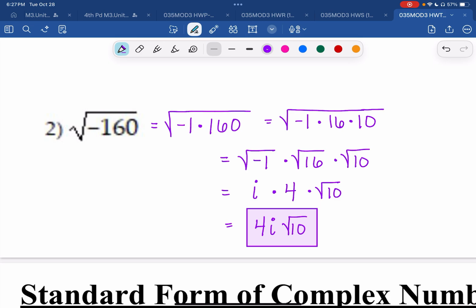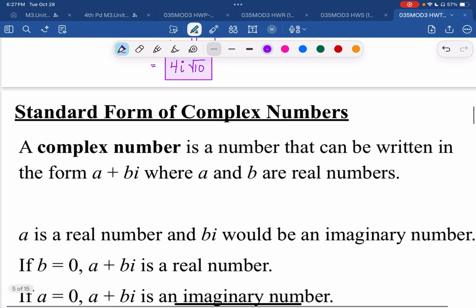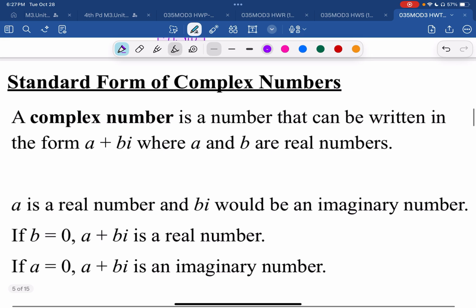Now, we want to look at what are called complex numbers and the standard form of those. A complex number is a number that's written in the form a + bi.